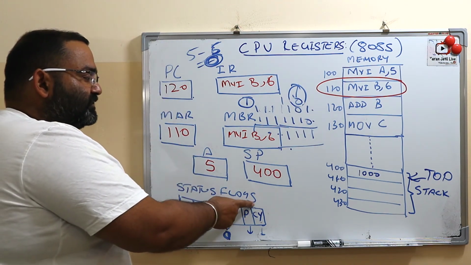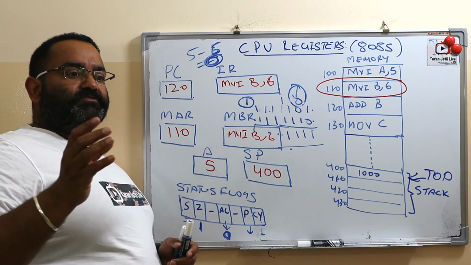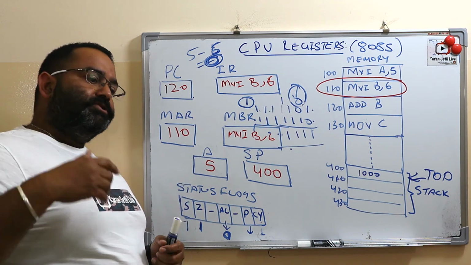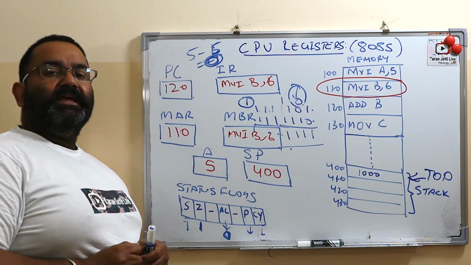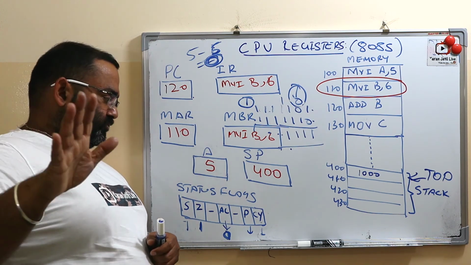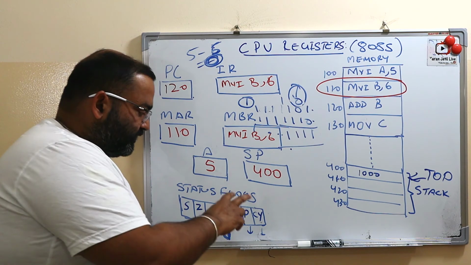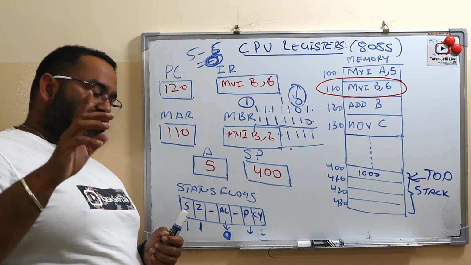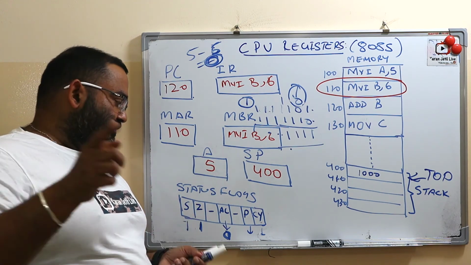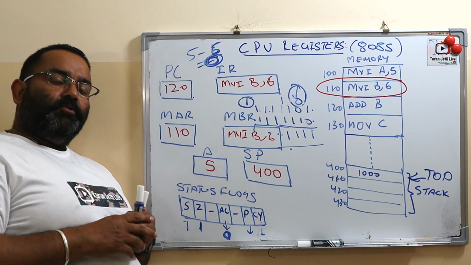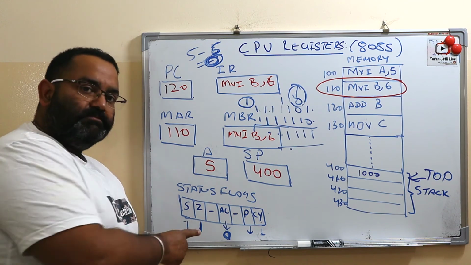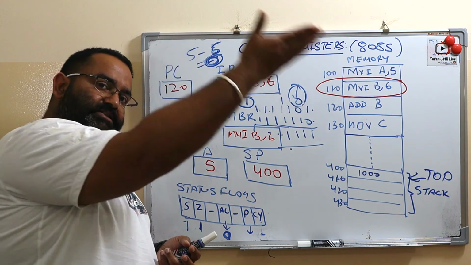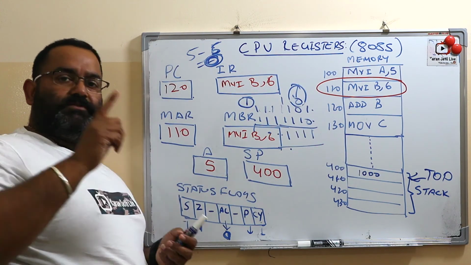And then we have status flags. So what is status flag? They tell you about the status of the result of a arithmetic operation or any instruction which has been executed by the CPU. And it has 5 active bits: S bit, sign bit, it is 1 if the number is negative, it is 0 if the number is positive. If the result of the operation is 0, then the zero bit becomes 1. If there is a carry generated which should be added to the next bits, then AC becomes 1.